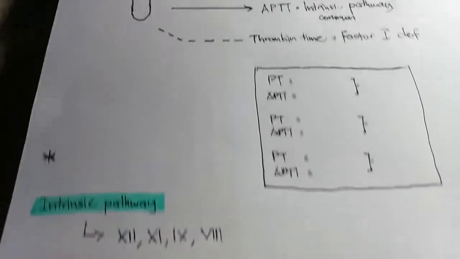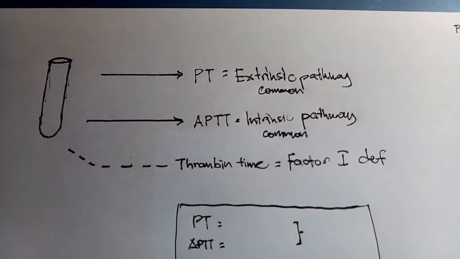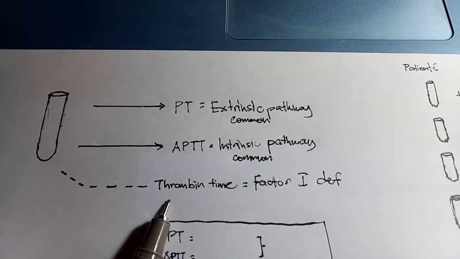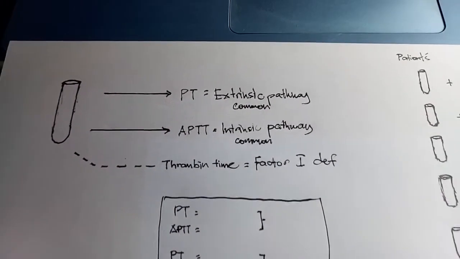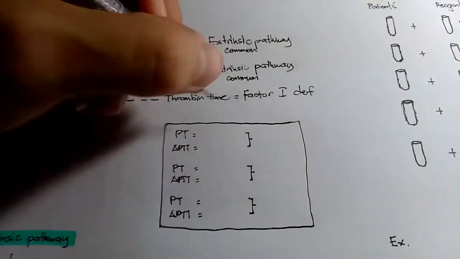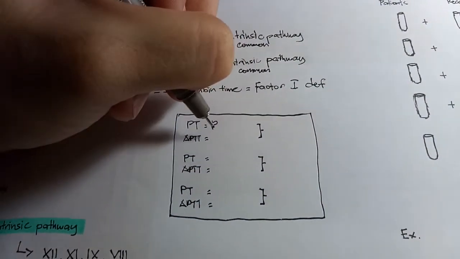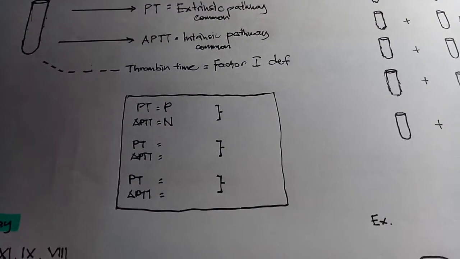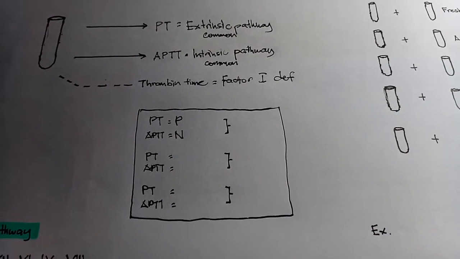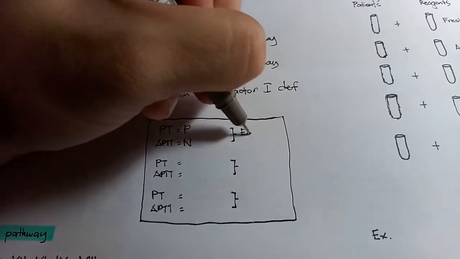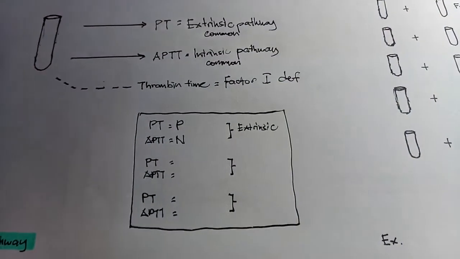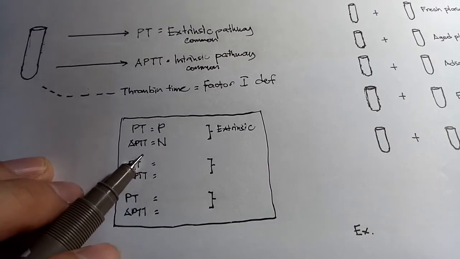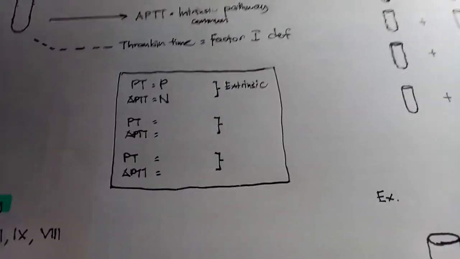Okay, back to our topic. We said earlier that the patient's plasma will be tested with PT and APTT and sometimes thrombin time. Let's look at the results. If the PT is prolonged and the APTT is normal, our missing factor belongs to the extrinsic pathway.